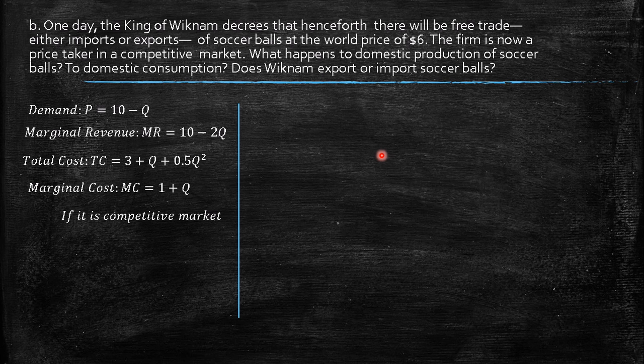So here first we need to start with a competitive market. Remember, the condition of a competitive market mainly is that they are price takers, so they cannot fix any price. So basically the price should be set by the world price, at this time 6. So if they are competitive, the condition is that price is equal to marginal cost.